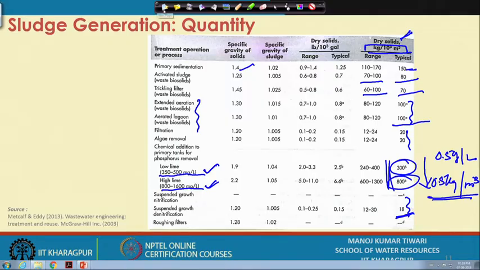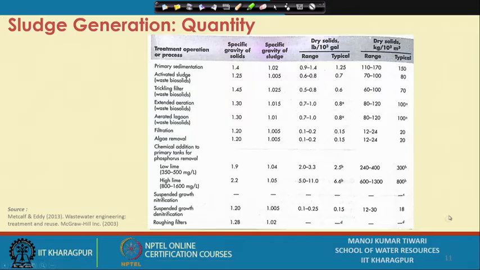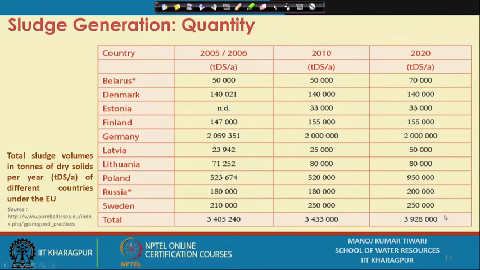So, this is the quantitative aspect: per unit water treated from these different steps or processes, how much sludge will be produced. Now, if we see the quantity of sludge generated in different places, we do not have data from all places, but there are reports for various countries in the European Union, where a lot of sludge is being generated from wastewater treatment facilities.